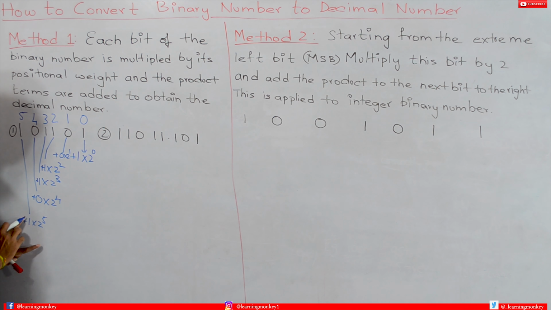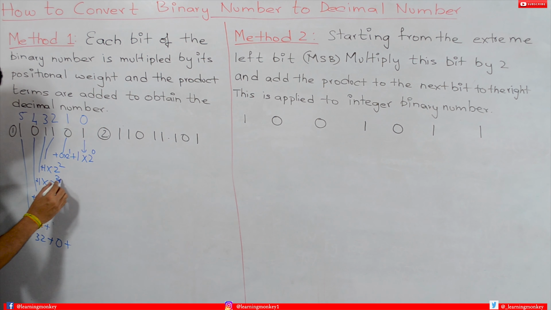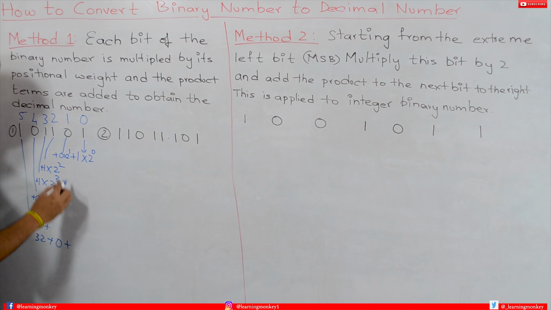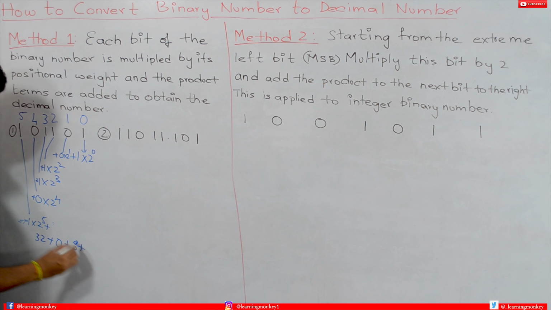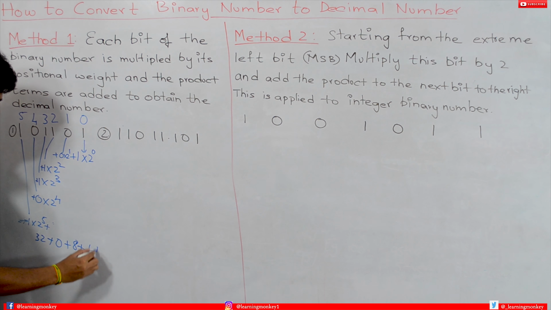So what is the sum? 2 power 5 is 32. So it is 32 plus 0 into 2 power 4, which is 0. Again 1 into 2 power 3, and 2 power 3 means 8. 2 power 2 is 4.